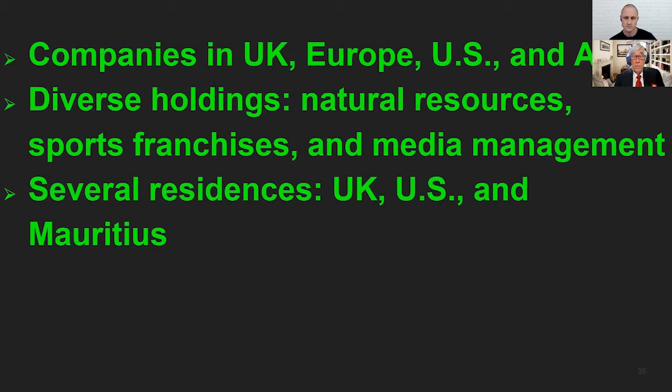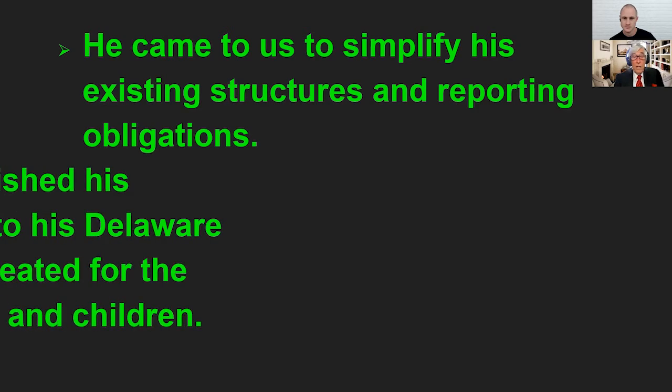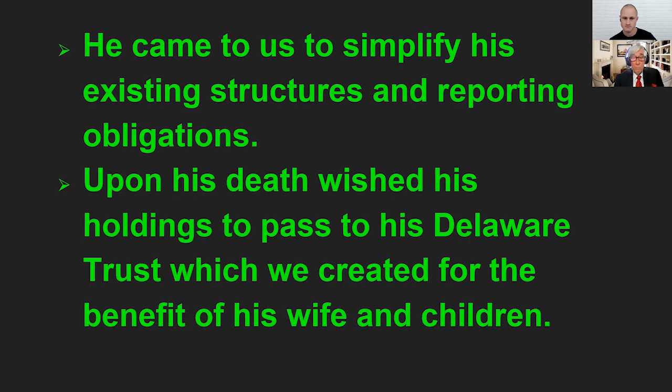He had residences in 4 different jurisdictions, including the UK, US, and Mauritius. Again, he wasn't quite sure about his reporting obligations or whether he had done things right in the past, and he wanted something more simple than what he had been led to believe that he needed.